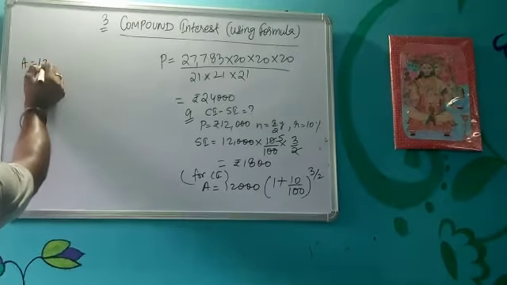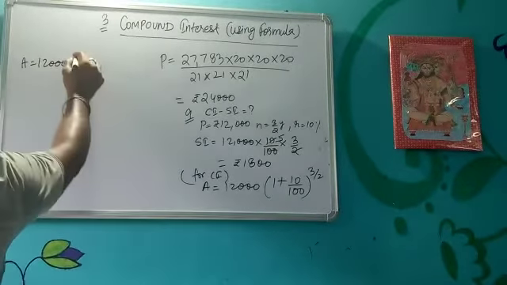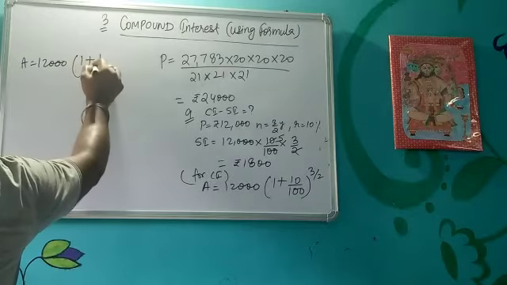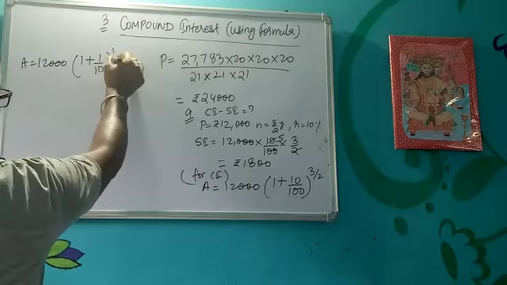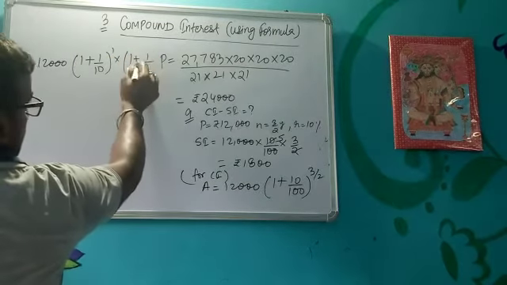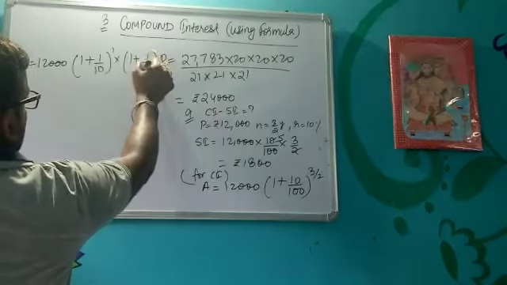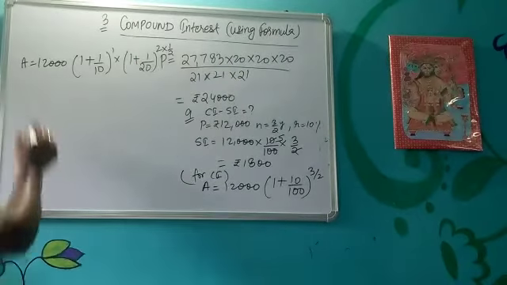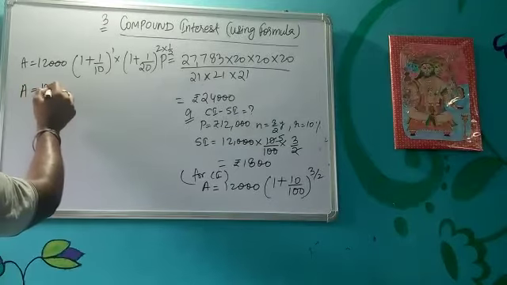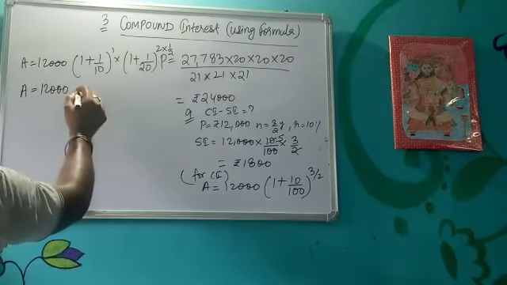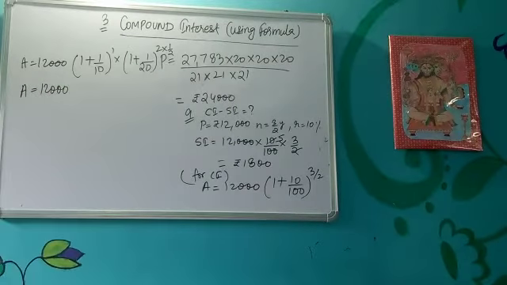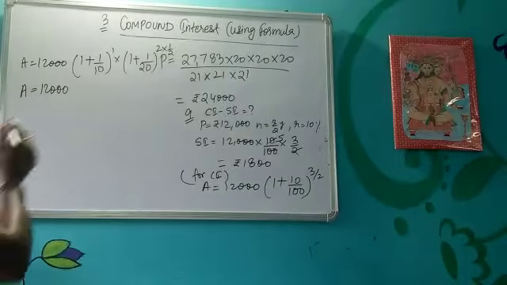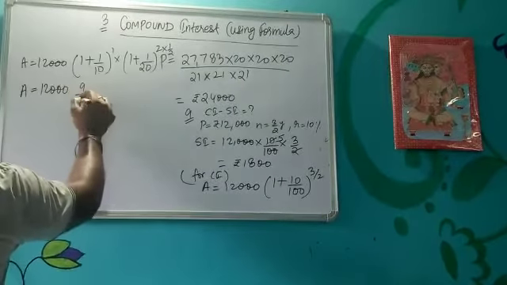Amount is 12,000 and this we will solve 1 plus 1 upon 10 to the power 1 into 1 plus 1 upon 20 to the power 2 into 1 by 2. Okay. Nine by 10.